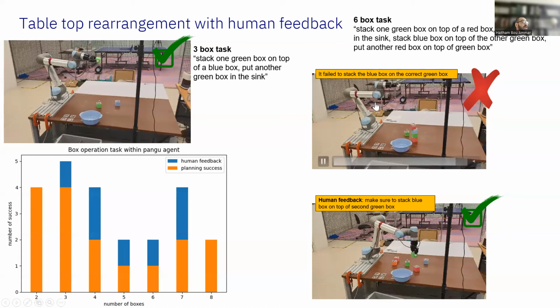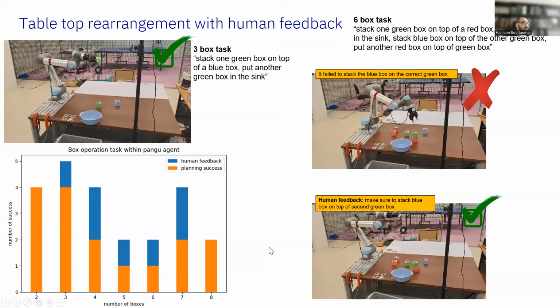Remember, it messed up here. And now I give it this human feedback. And now what you would see is that this method is actually working. Now it will put the orange in the sink, and then it will put the blue on top of the other green box. So in other words, this mistake it made here, from my non-expert observation, I can just tell it via feedback, hey, put it on top of the second green box.